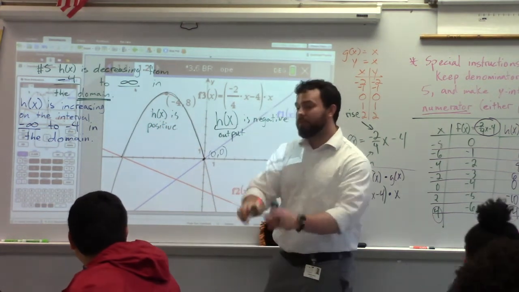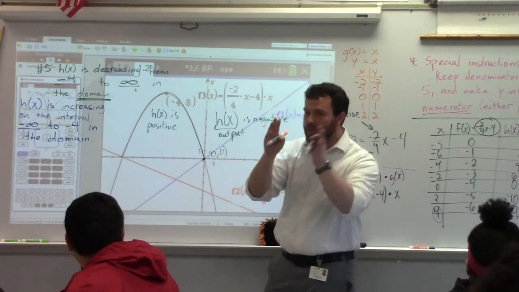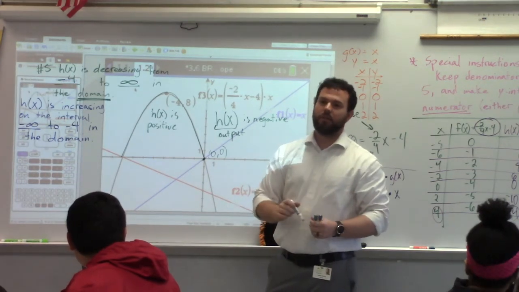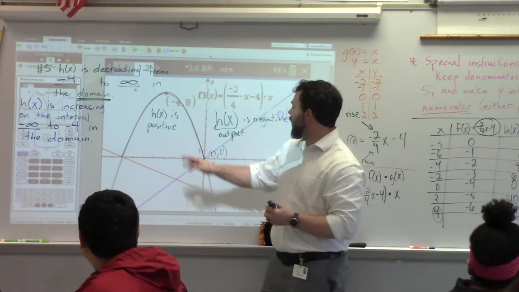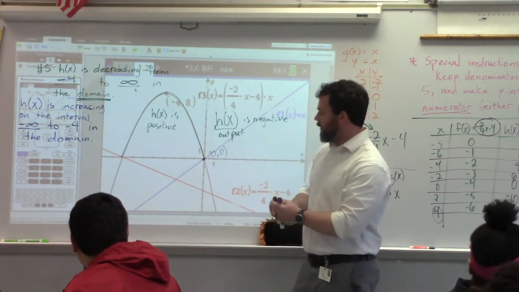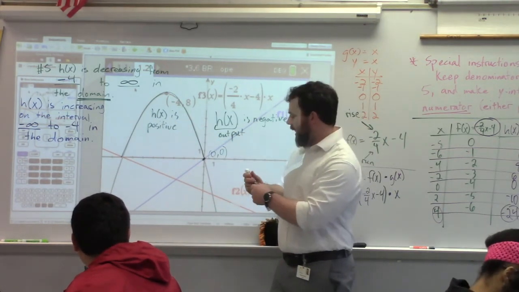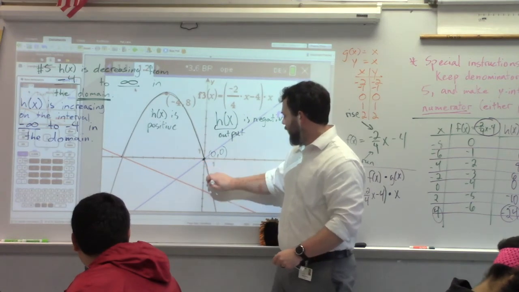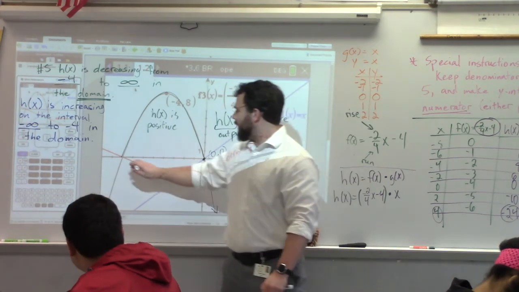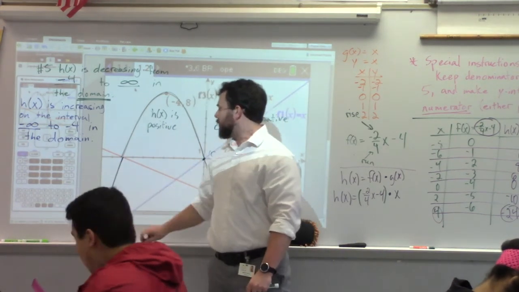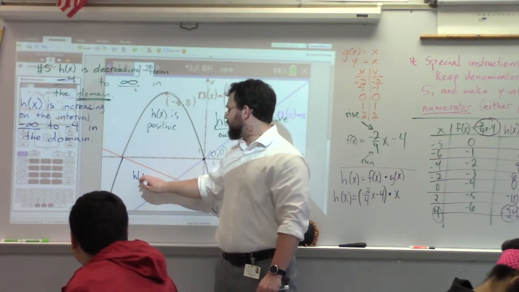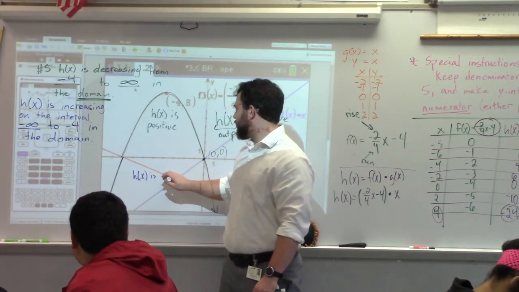So this is where we would say h of x is positive. Right there. Say that one more time. Below the x-axis. Because we got to remember, h of x is my output. So where I see negatives is down here and down here. H of x is negative.